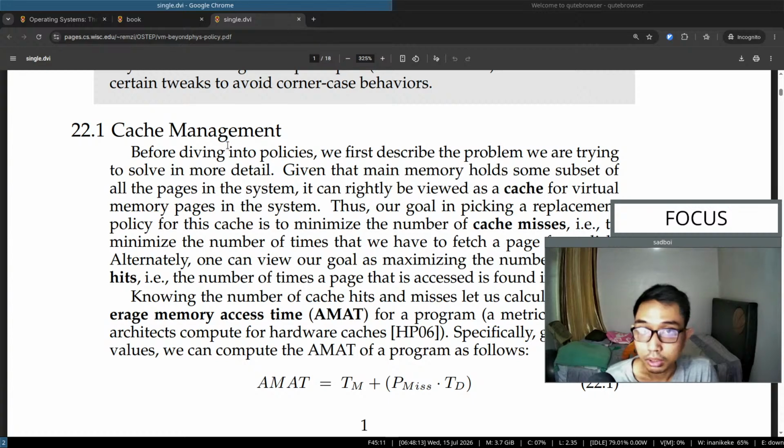Before diving into policies, we first describe the problem we are trying to solve in more detail.